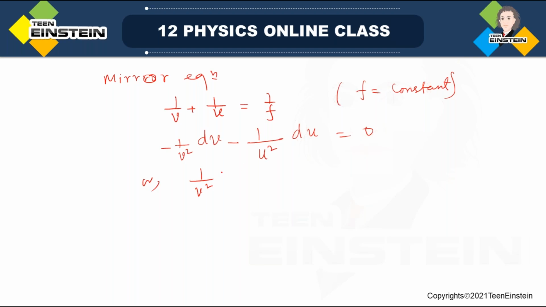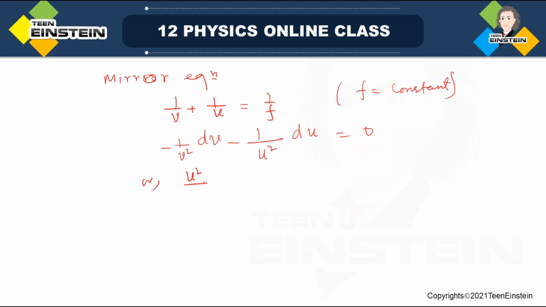If I multiply by u square on both sides, it will be minus 1 by v square dv, and this will be only du. I'll just write it.